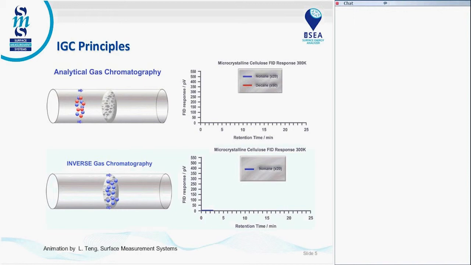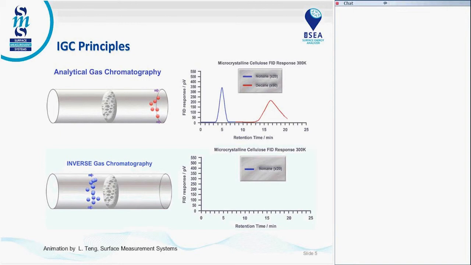Here's a cartoon. If you've ever seen an SMS presentation, you've probably seen this cartoon before, but it's a quick illustration of the difference between an analytical GC and inverse GC. In inverse GC, we pack the column with the material that you want to study, a powder, a fiber, a granule, and then we have a helium carrier gas.